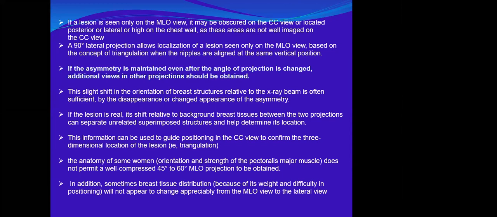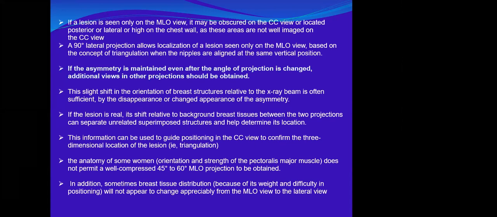A slight shift in orientation of breast structure relative to the X-ray beam is often sufficient to show disappearance or change in appearance of the asymmetry. If the asymmetry disappears, that means it is just a summation of breast tissue, and if it persists, that means it is real.